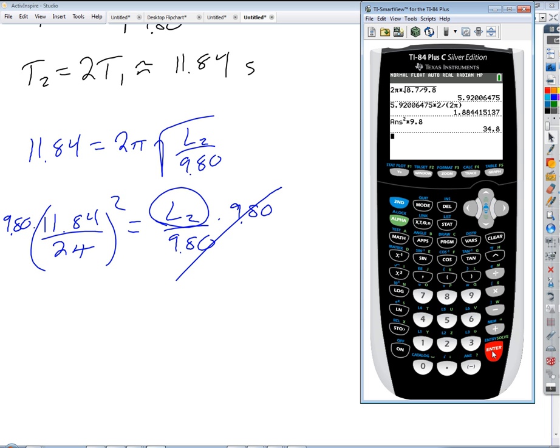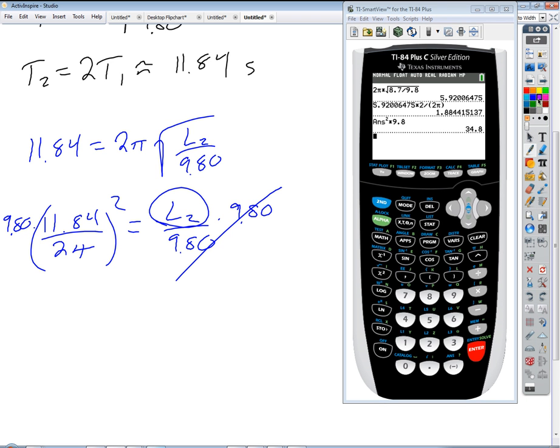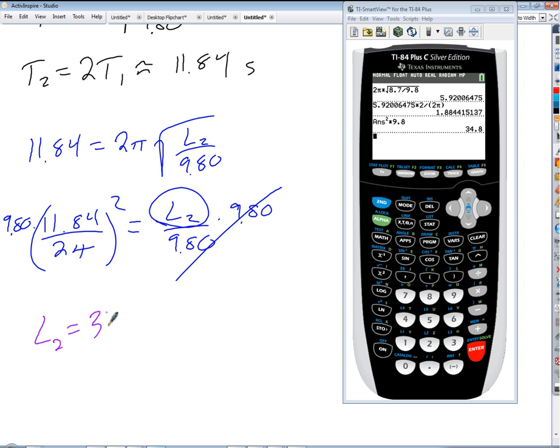Okay, 34.8. Interesting. Notice anything about that? And the units would be meters, wouldn't they?